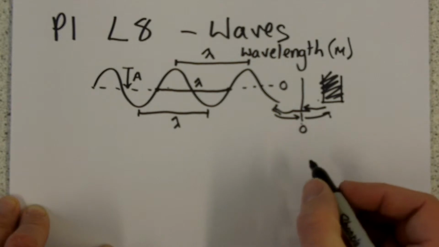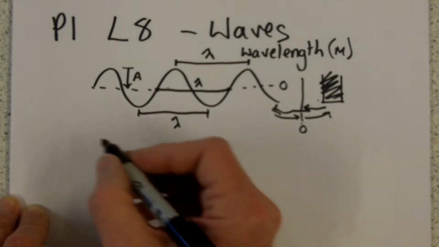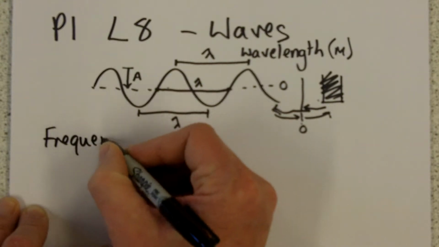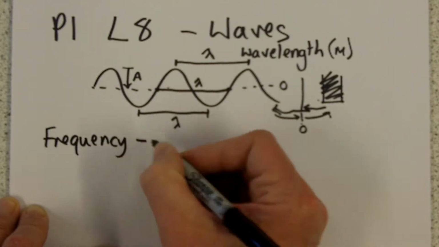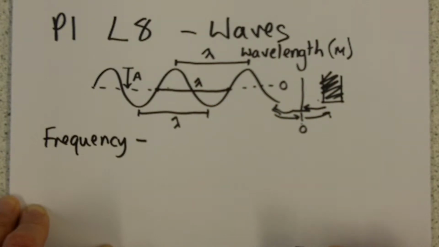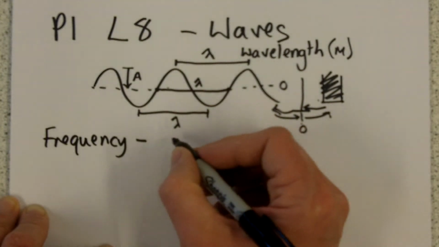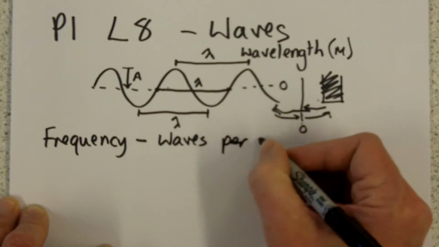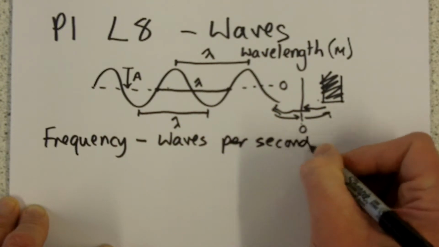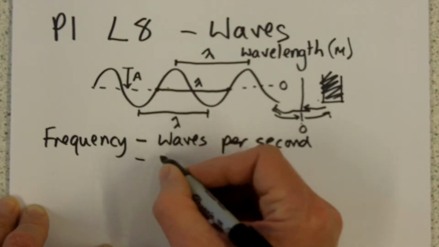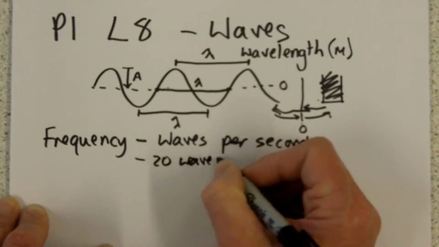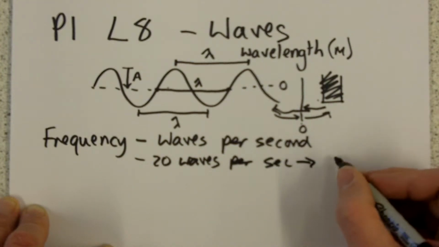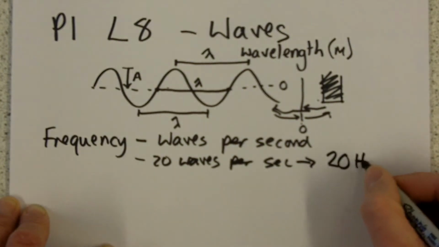And the final factor to describe a wave is its frequency. This literally means how often waves are occurring or being made, or how many waves pass per second. So it's defined as waves per second. If I make, for example, 20 waves per second, then the frequency would be 20 hertz.